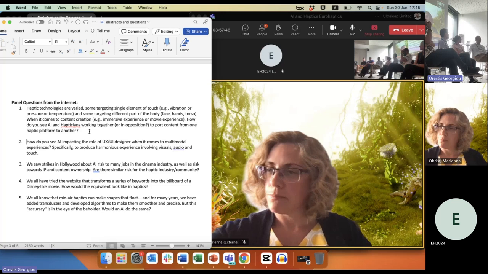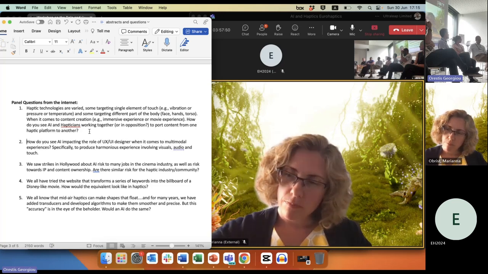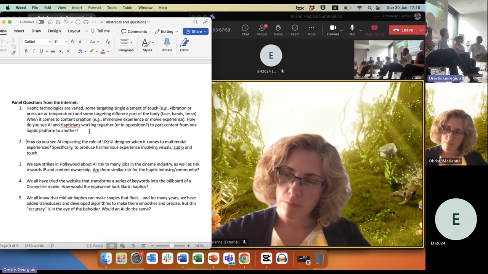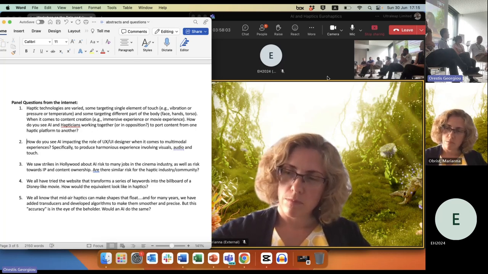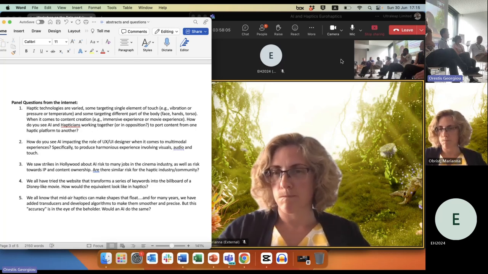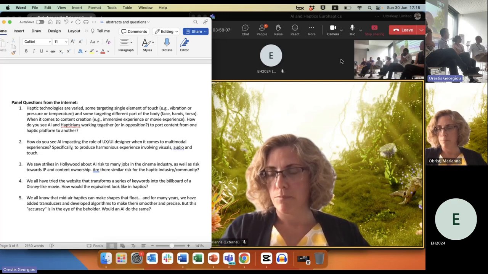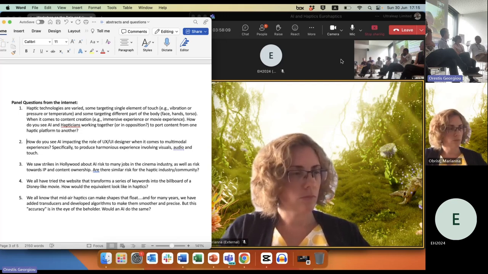So until we as a community agree on standards for devices or agree on a way to evaluate devices, whether it's a tactile or cutaneous device or whether it's a kinesthetic device, then it would be very, very challenging to say that if I have device A and I have device B and I have this signal on device A, I can make this transform and it's going to feel exactly the same on device B.